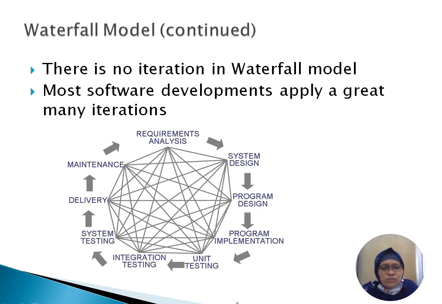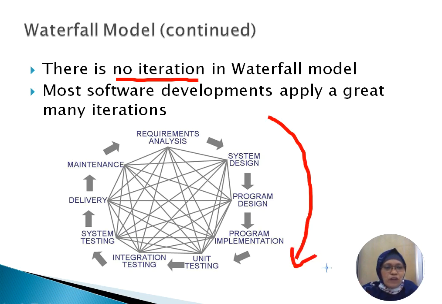For the basic model, there is no iteration. But today we have a lot of waterfall variants that have iteration, like the modified waterfall model, to make it more perfect for our software application and system.